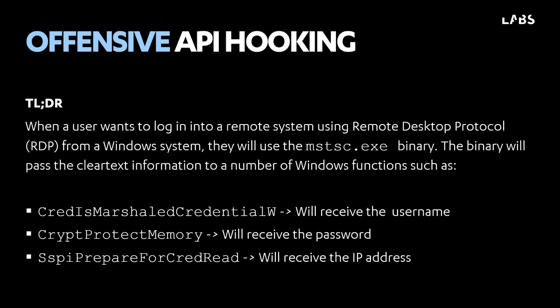Obviously that username could be a standalone username, or a domain-joined account as well, but regardless, that information will pass through MSTSC to achieve that connection. And in that research, we can see three APIs that are of interest, each one handling a different component that we are looking for as an attacker.